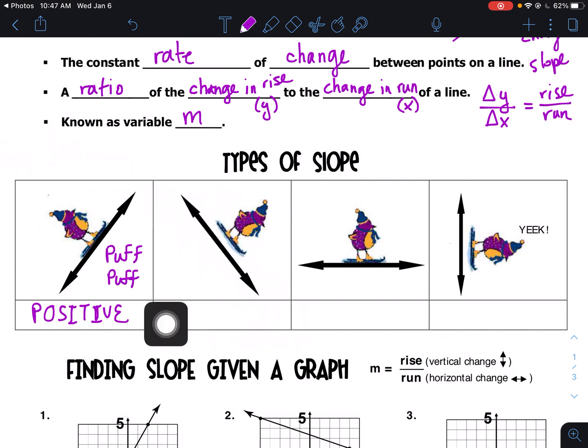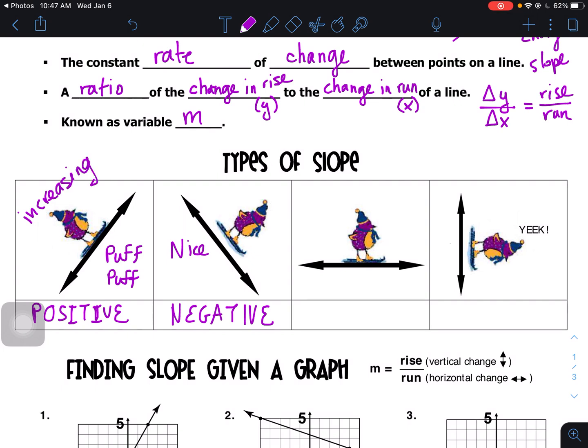Then when he goes down, it's so nice. He's going down, nice, negative. You can also think of this guy's slope. He's going up. The line looks like it's increasing. This line looks like it's decreasing.